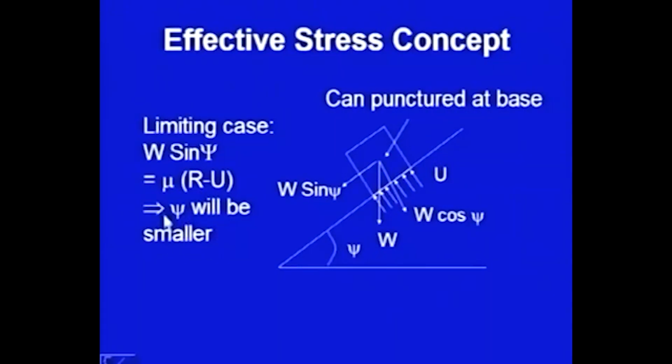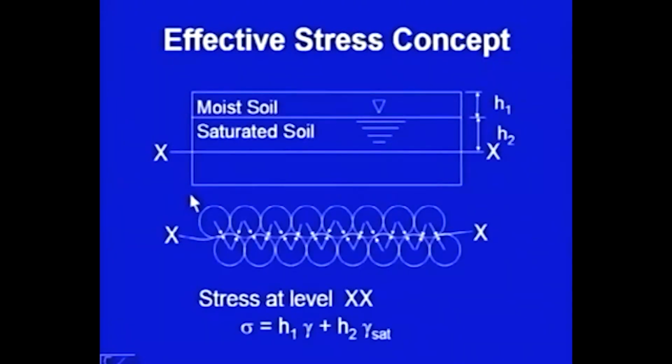And now again you can find the maximum value of psi for which this particular system will be in equilibrium. In this case, this psi will be smaller than what we obtained last time. So, this gives you the idea that when water is there, it exerts pressure, and because of this pore water pressure, the strength, the frictional force, reduces.